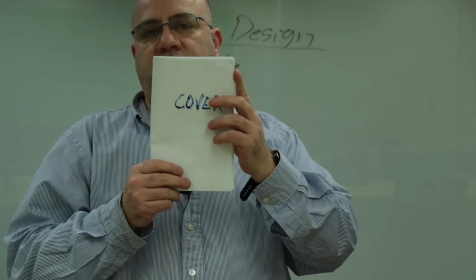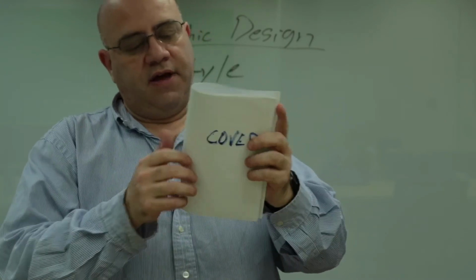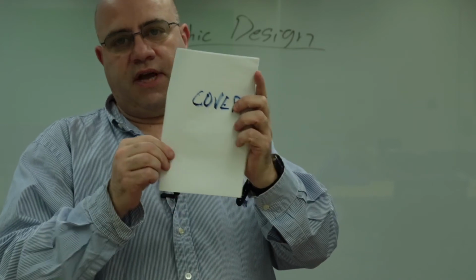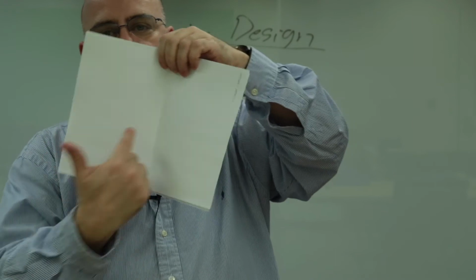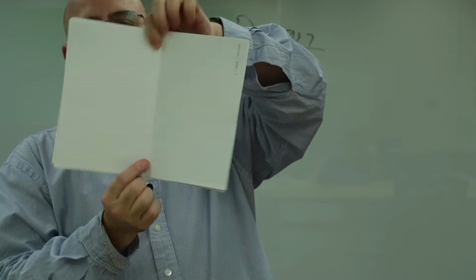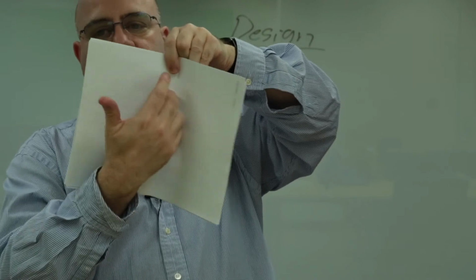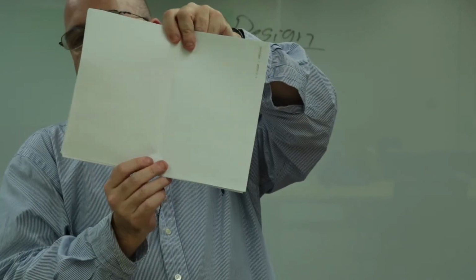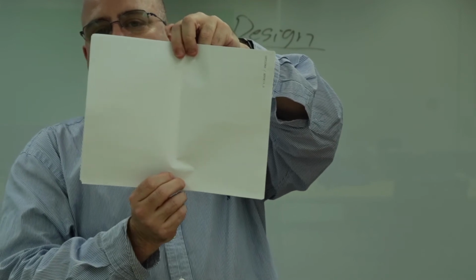And then the way that they bind the magazine may be really important. If they bind it with just a simple staple, then what they're going to have in the middle here is what's called a natural spread. If this was just connected with a staple, there'd really be no space that you wouldn't be able to see in the middle. So this would be the best big spread space that they'd have for the entire magazine.